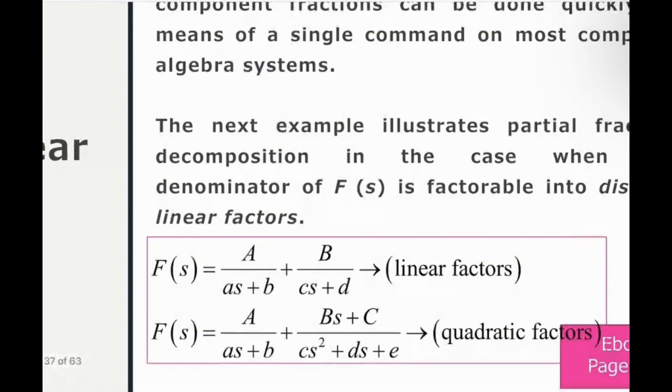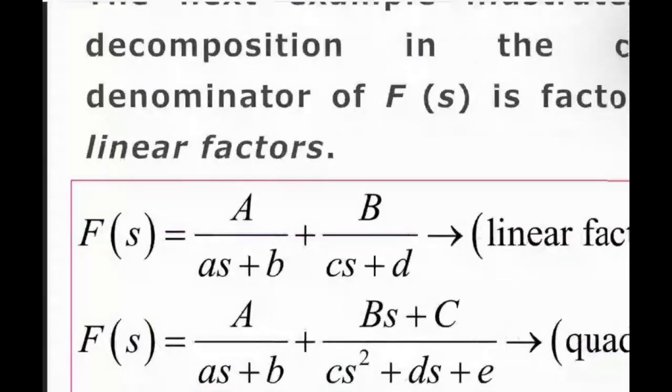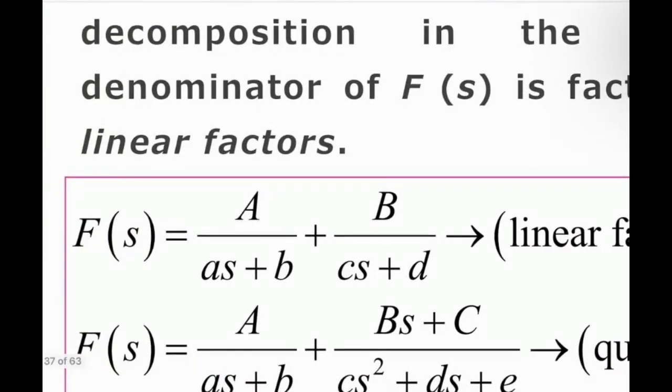So now look at the first fraction. If we have a function that contains a denominator as a linear function, linear function means the highest power of the denominator is 1. Then the numerator must be a constant.